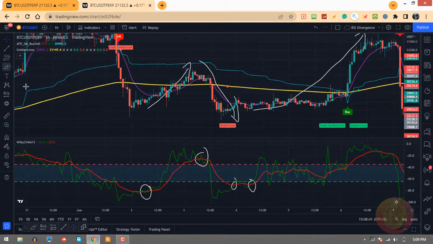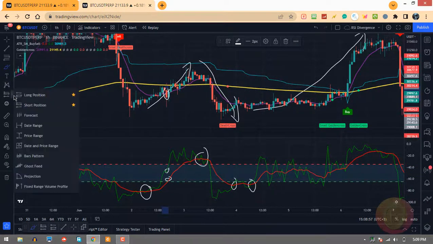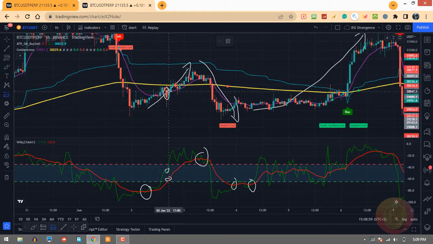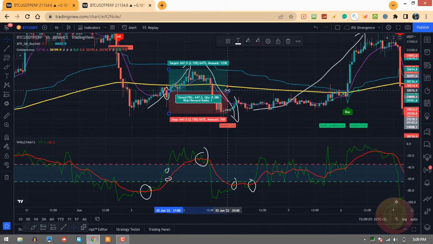So first of all, let's see this example. You can see red is above, entering the channel, and green is also in the channel, the shaded area. That is a confirmed signal or condition for our setup. You can open a buying setup here.